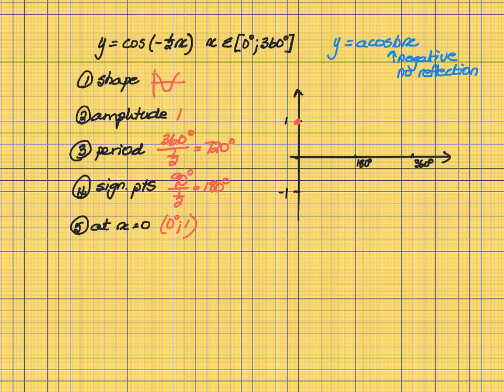So my next significant point is a root at 180 degrees, and my next significant point is a turning point at 360 degrees and negative 1. And so once again, we only have half of the wave in the 360 degrees, which we should have known from looking at that half x. We would only get half a wave in 360 degrees.